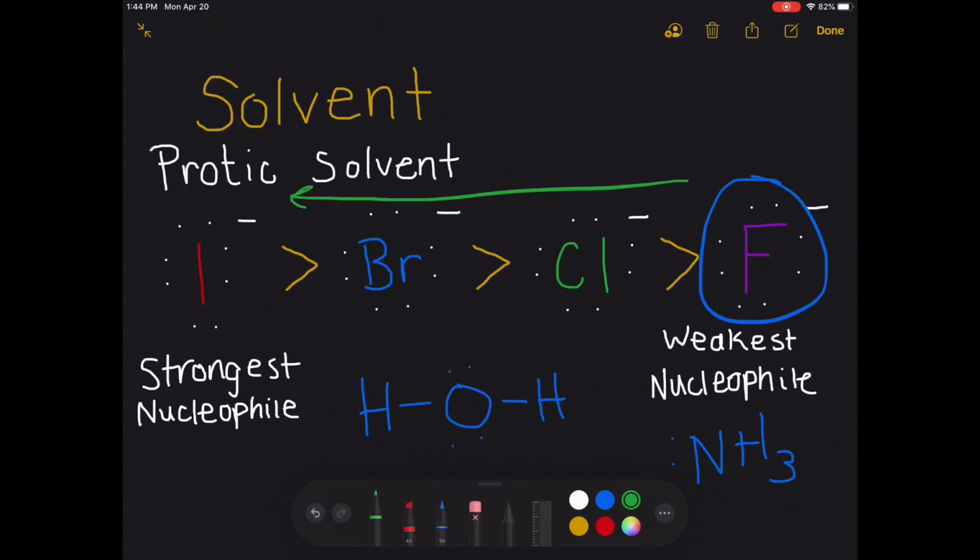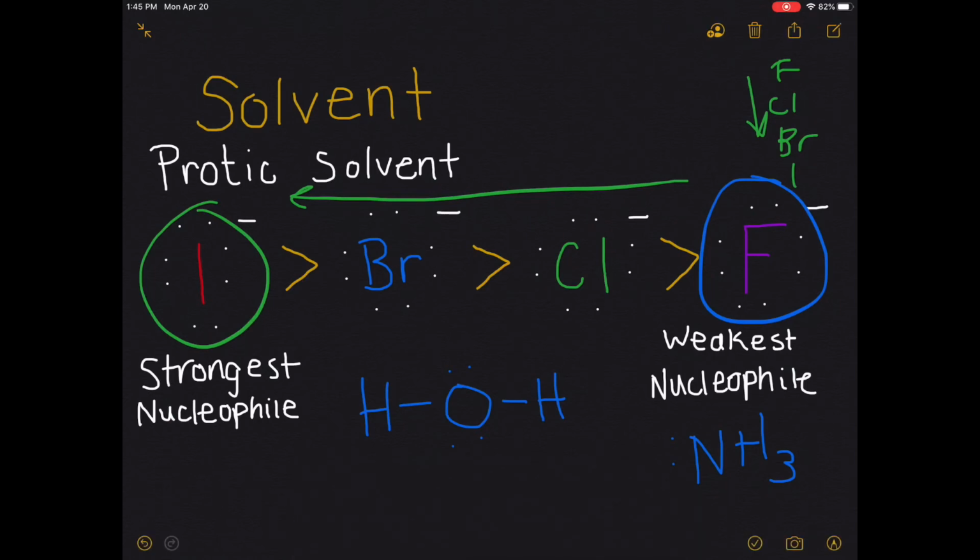Okay? So we have fluorine at top, and then down: fluorine, chlorine, bromine, and iodine. And so iodine will be the strongest nucleophile for protic solvents.